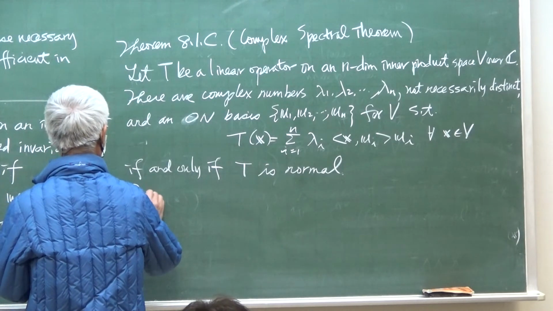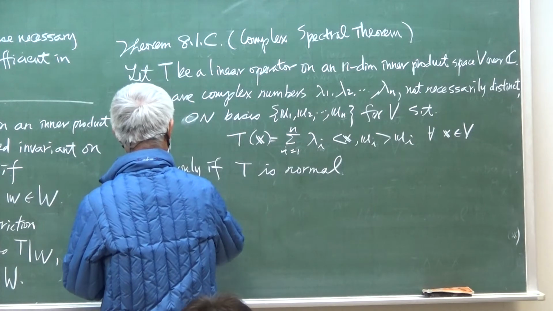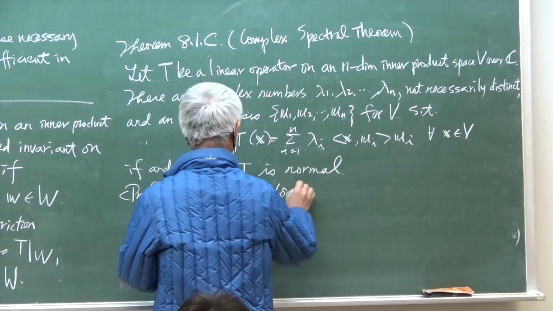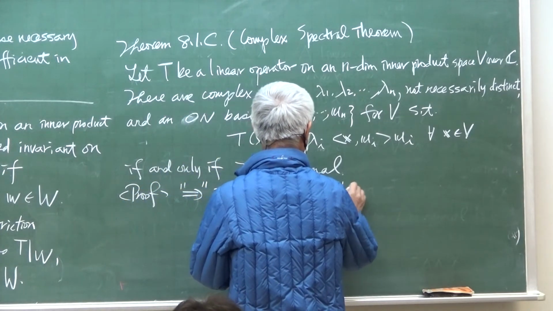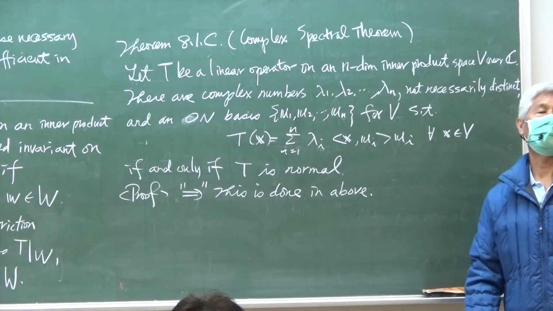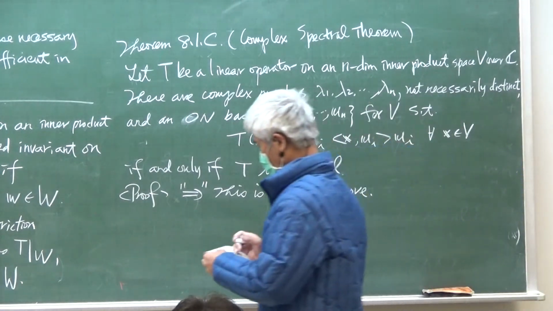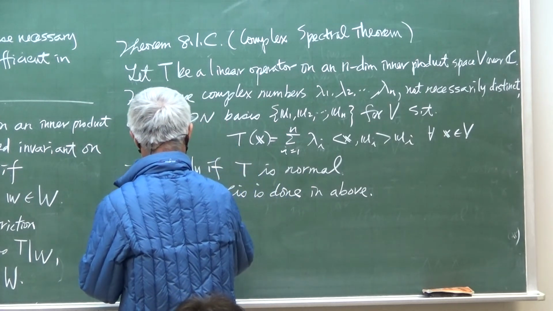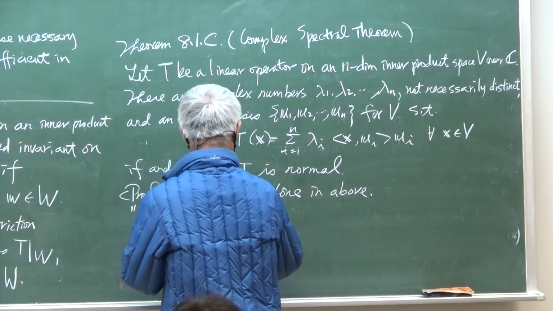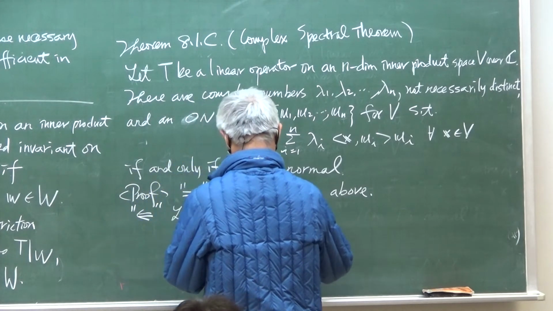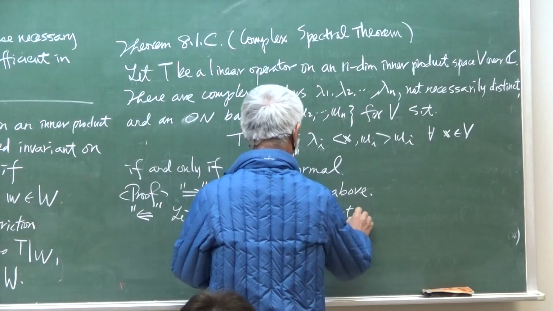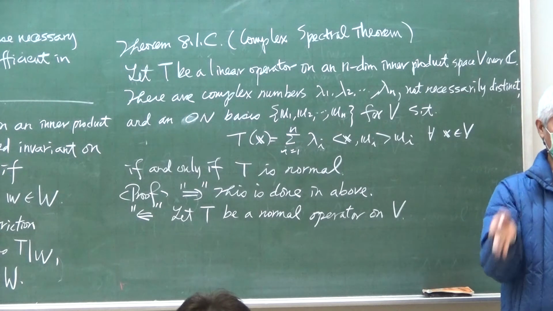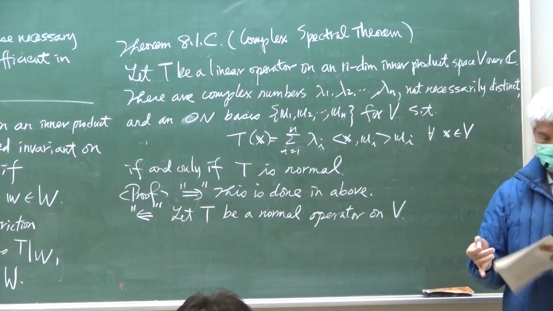The proof, the forward direction, this is done above. So we have done the forward direction. Now we will prove the reverse direction. So we let T be a normal operator. This is the starting point.